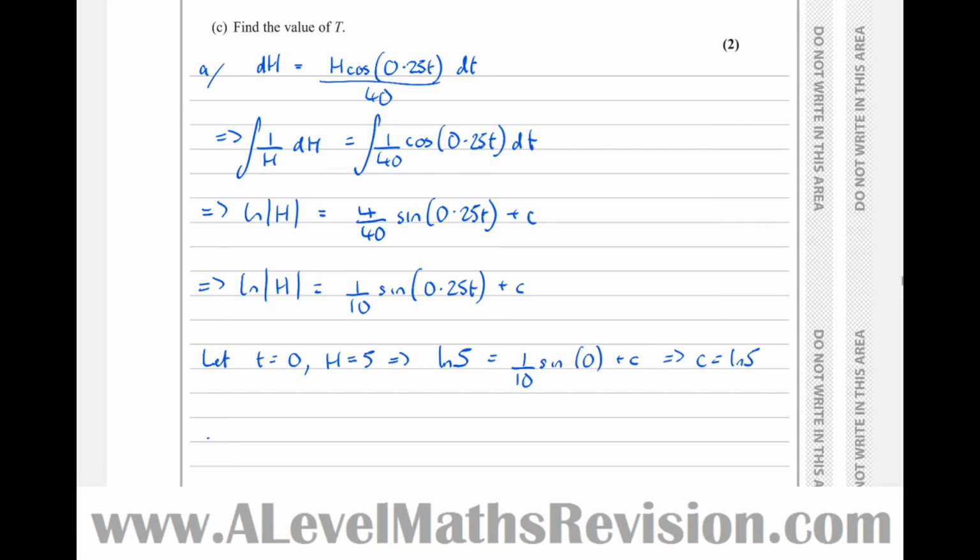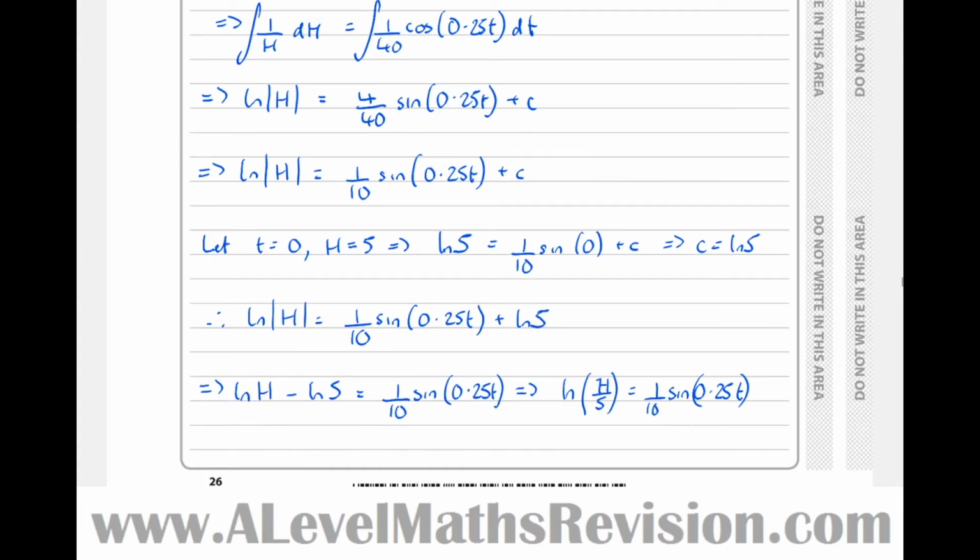So finally we can conclude, therefore, well, not quite finally, but log mod h equals 1/10 sine of 0.25t plus log 5.